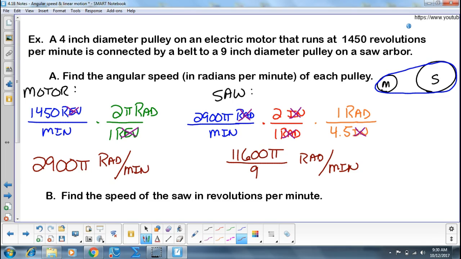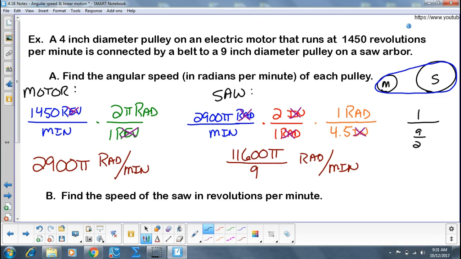Because this dividing by 4.5 is really dividing by 9/2. So when we divide by a fraction, we flip and multiply. So that's really multiplying by 2 over 9. So it would be 2,900 times 2 times 2, which gets me 11,600 times pi on top. And on the bottom, it would be 9.